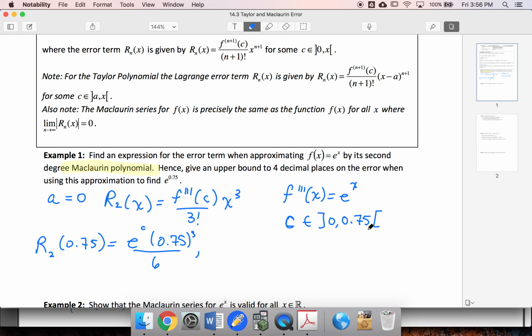Again, my c has this range, so this implies that my r sub 2 of 0.75 is going to be between when I evaluate at 0 and when I evaluate at 0.75. I'm going to put those in my calculator and see which one is bigger.